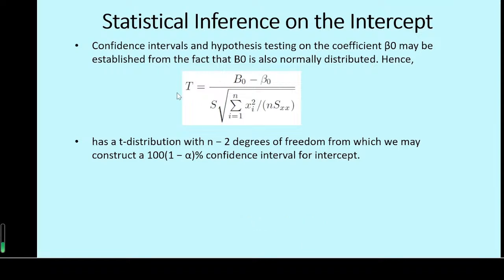Then the t statistic is the estimated beta 0 minus a hypothesized real value, divided by this term.